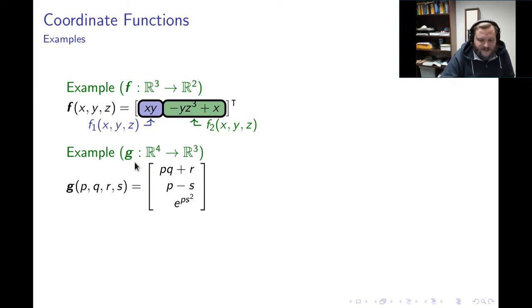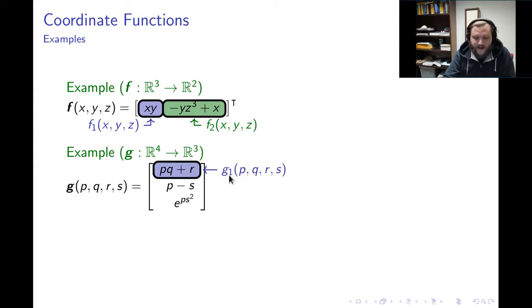Here's another example. This is a function g from R4 to R3. So this function accepts 4 inputs and has 3 outputs. I'm labeling the inputs here as p, q, r, and s. And this function will take those 4 inputs and associate them to the 3 outputs, where the first output is pq plus r.